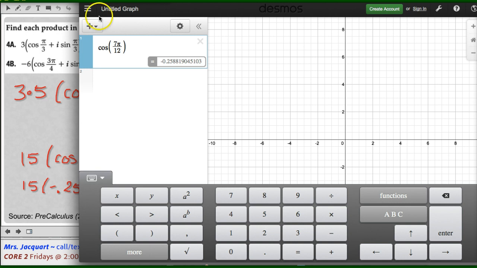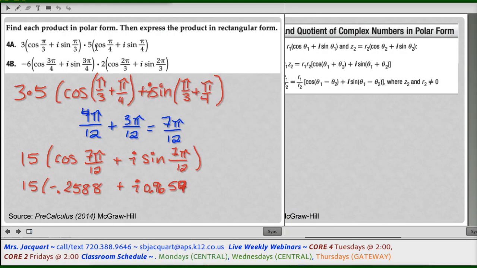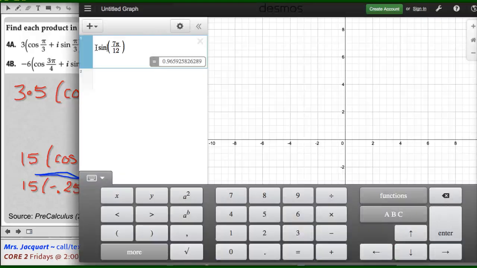plus, let's do sine. The reason why I like this one is I can just type sine. Sweet! i times 0.9659. It's not 57, it's 59. Okay, let's come back over here. And then I want to distribute the 15 through. So I'm just going to use my calculator and put a 15 in front.